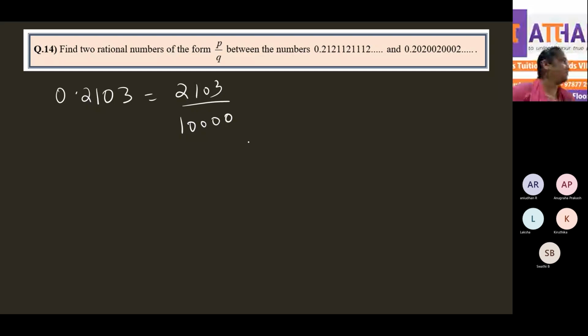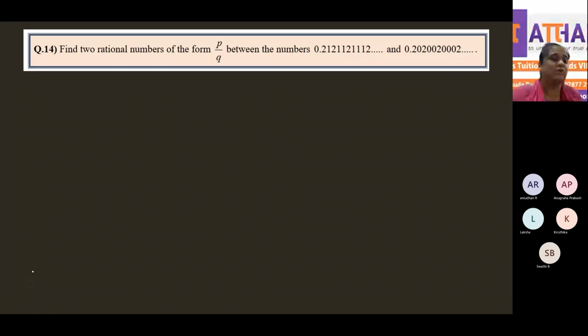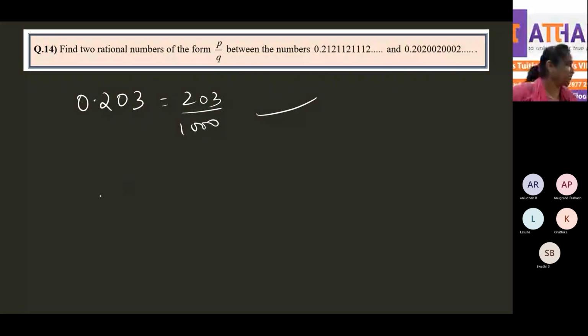Very good. Another number, Kamalika. You tell me the decimal value first. 203. That's all. Correct. So it is 203 by 1000. Perfect. Next. One more you should tell. 0.212. Okay. But you're kind of entering the danger zone, but it's right. 212 by 1000. Then you should simplify it.